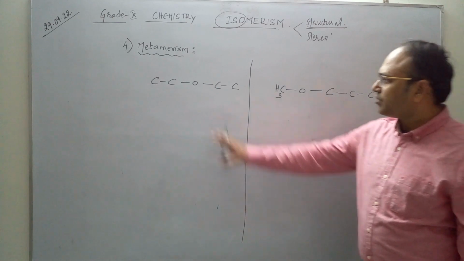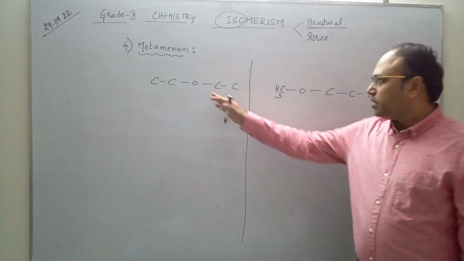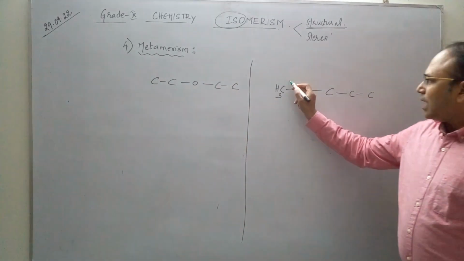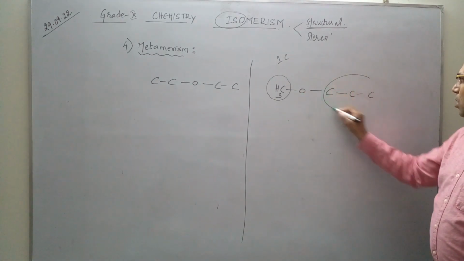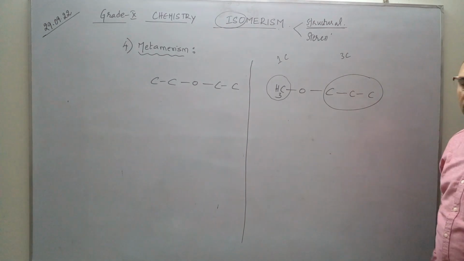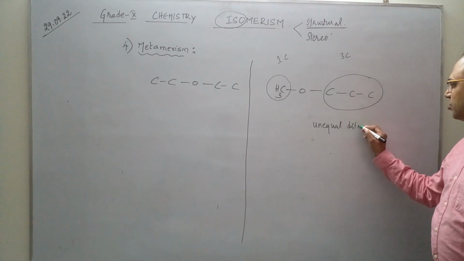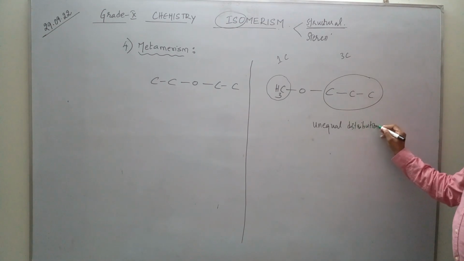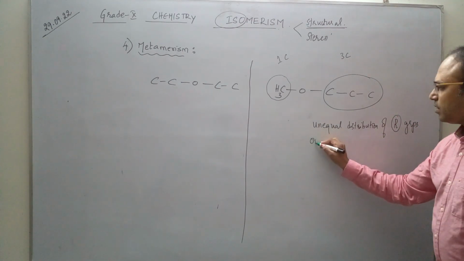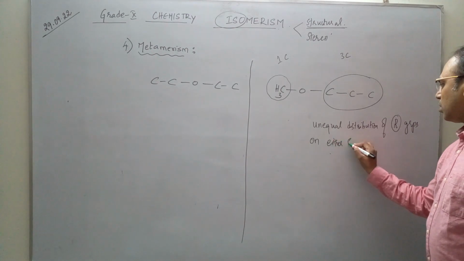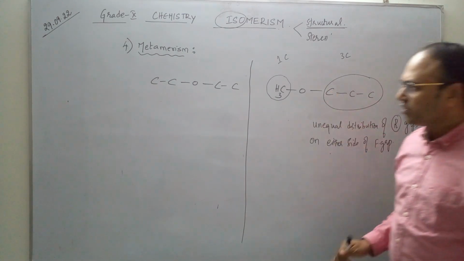Hope you are able to understand. We have the same functional group, but what is happening is, here you have 2 and 2 carbons on either side of ether, but here unequal distribution is done. Like left side 1 carbon, but right side 3 carbons. So we can observe that there is unequal distribution of alkyl groups on either side of the functional group. We have ether as the functional group here.